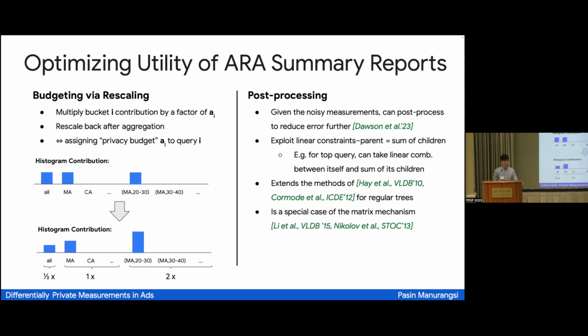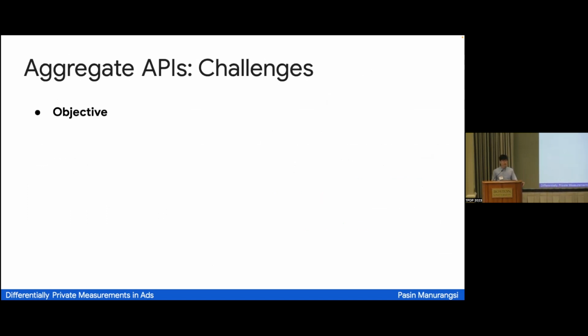Okay, so those are some tricks that you can apply even today to optimize the accuracy for ARA for these aggregate or summary reports. But there are still multiple challenges here. One thing is that it's kind of hard to align the objective that you want in terms of the error to the downstream task.